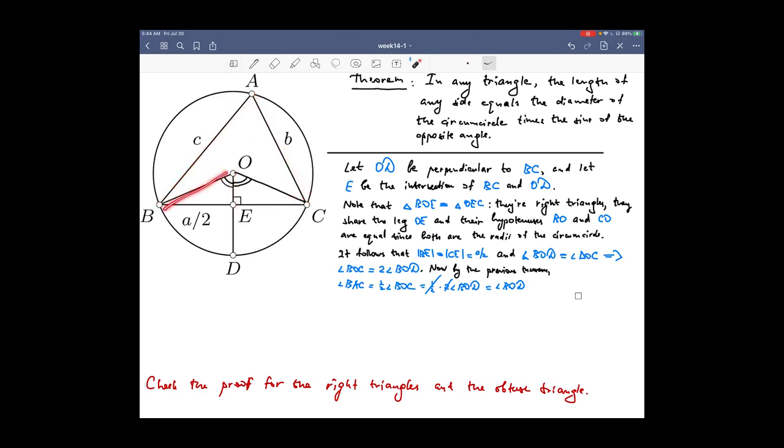But angle BOD is involved in a right triangle. And so we can express it using some trigonometry.